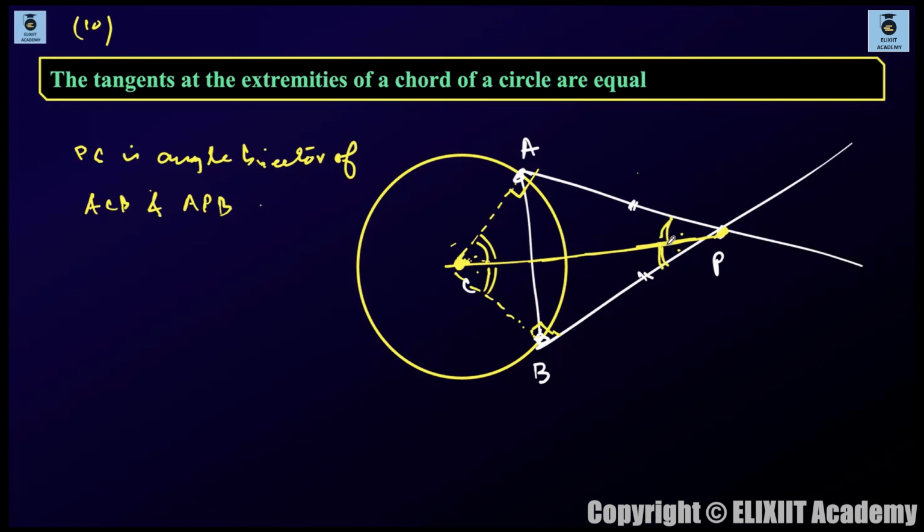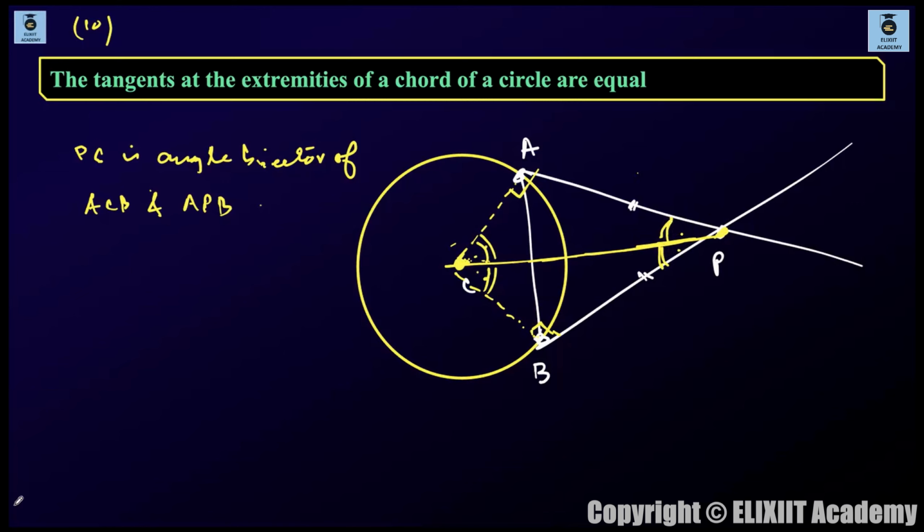This angle and this angle will be the same. You can say that CP is the angle bisector of angle APB as well as angle ACB.